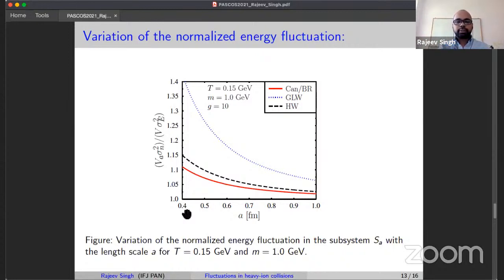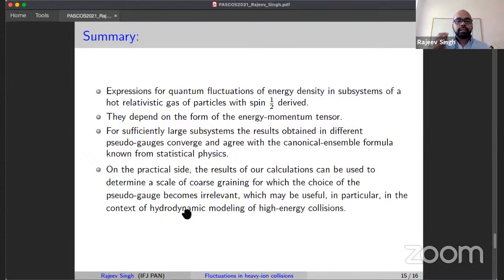And the second point here is that if we include the quantum fluctuations, that does not give information about which of the energy momentum tensors is better or more fundamental.